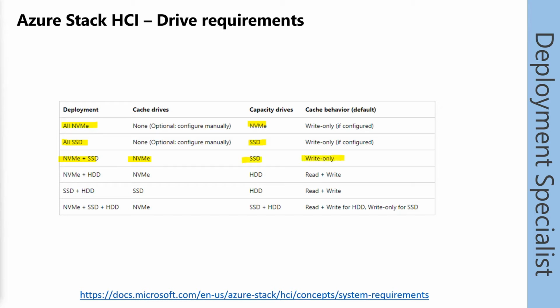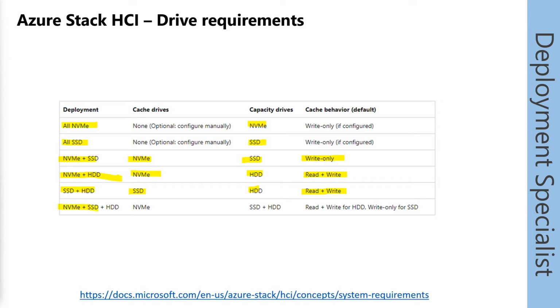The cache is configured for write only, as we have seen in the previous slide. NVMe and hard disk, the NVMes are for cache, the hard disks for capacity. The cache is configured for read and write. The same for SSD and hard disk in combination. SSD is cache, hard disk is capacity, cache behavior is read and write.